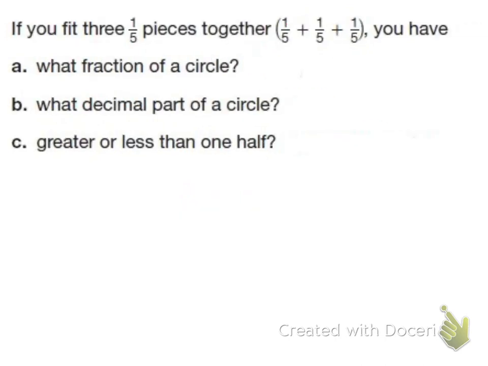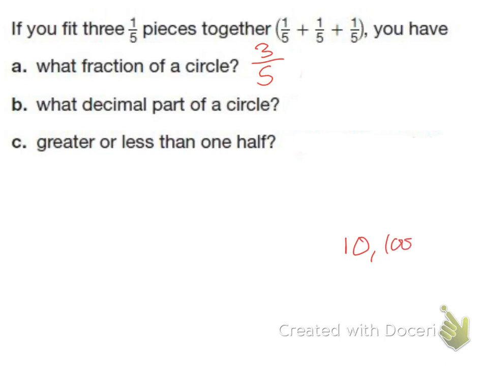Is this greater than or less than 1/2? I know that 1/2 is 0.5, so that means that 0.3 is less than 1/2. If you fit 3 1/5 pieces together, you have what fraction of a circle? 1/5 three times would be 3/5. What's the decimal part of the circle? Remember, a decimal has to be a 10 or 100.